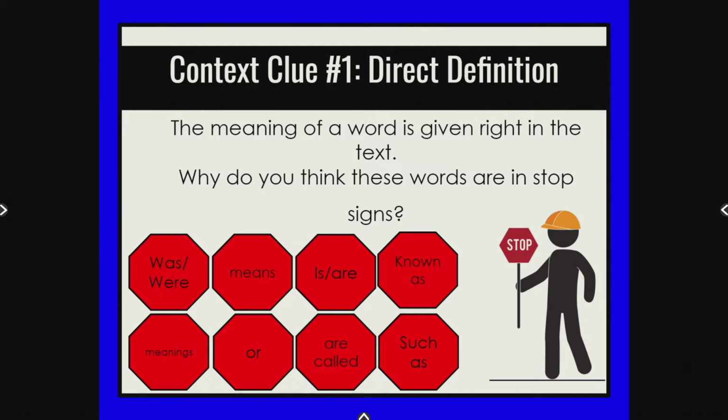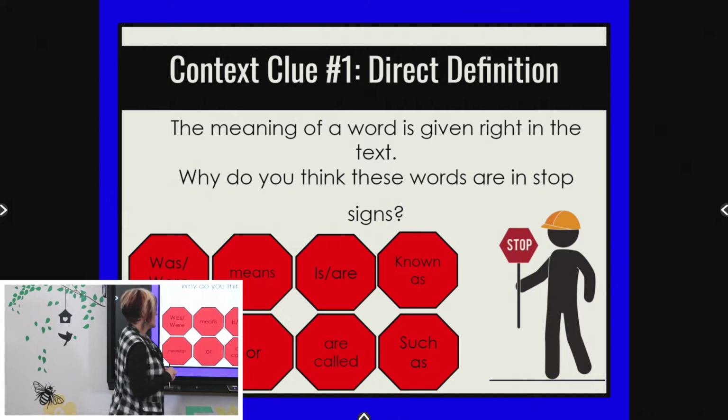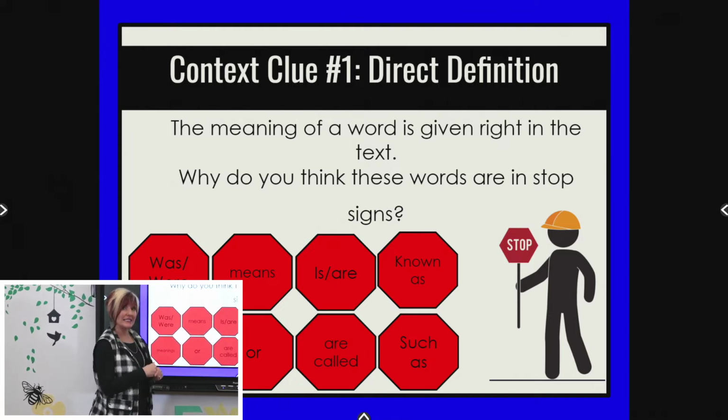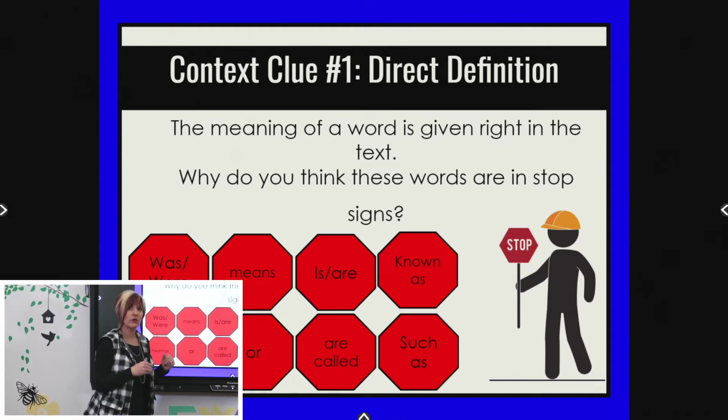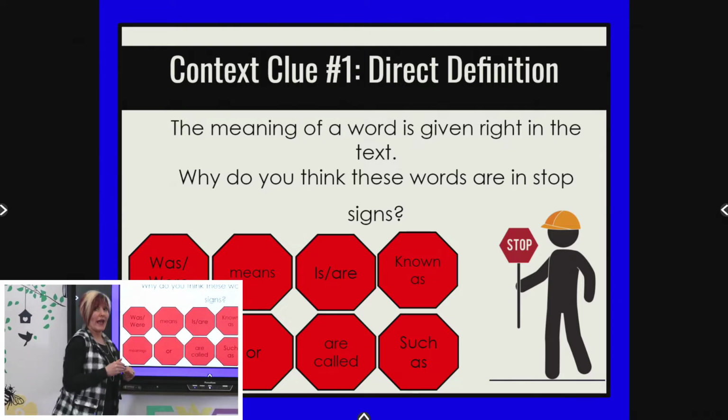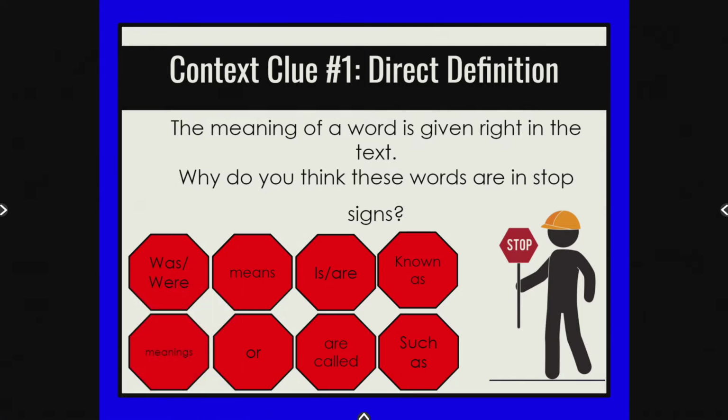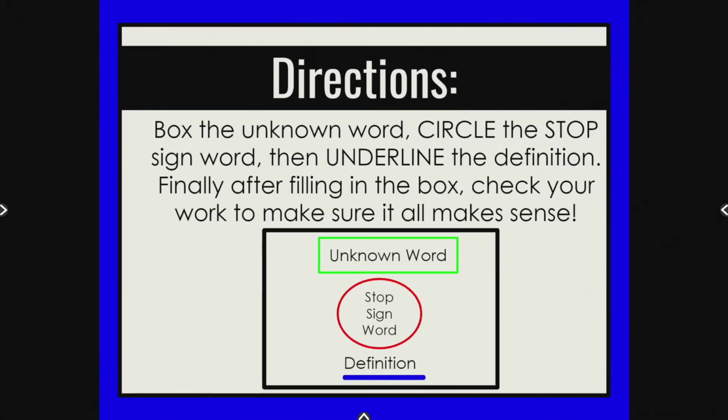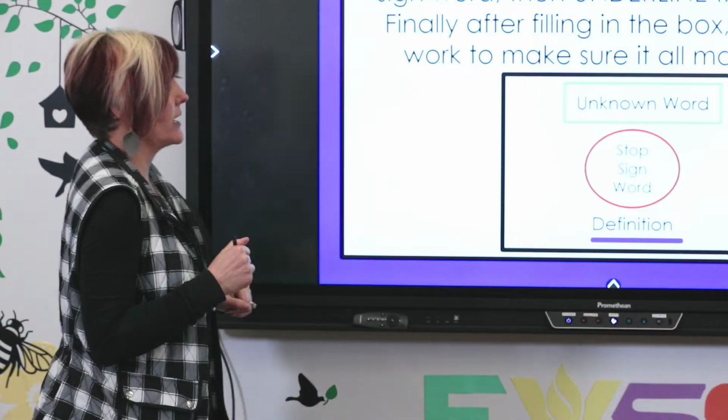The words in the stop sign are: was or were, depending on whether you're using past, present, or future tense; means; is or are; known as; meanings, which is very similar to means; or; are called; and such as. Remember, known as and such as both have the word as in there.